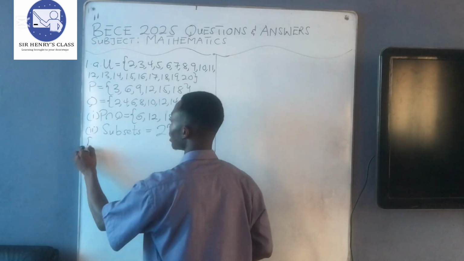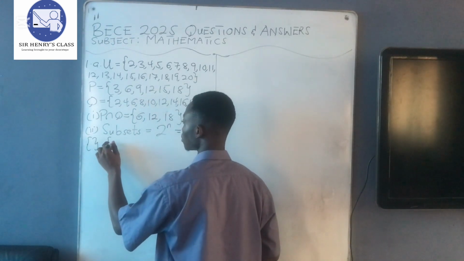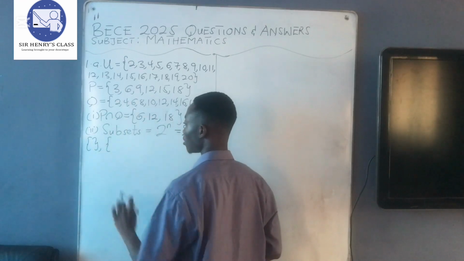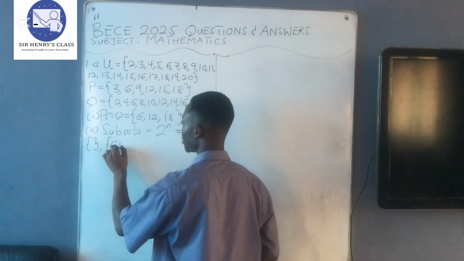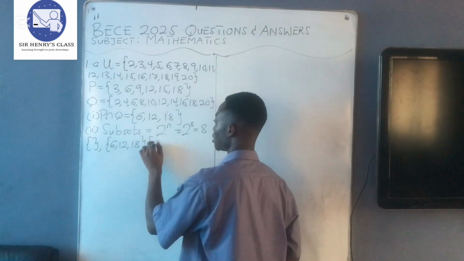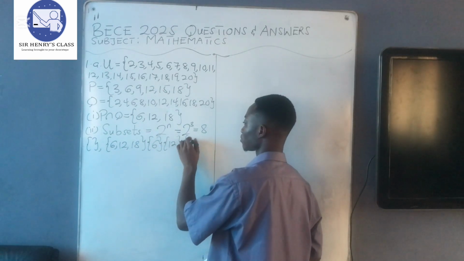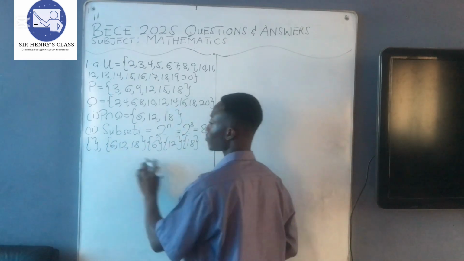Every empty set is a subset, and also the whole set, that is 6, 12, 18, is a subset. Individual members are subsets. Now they are paired.